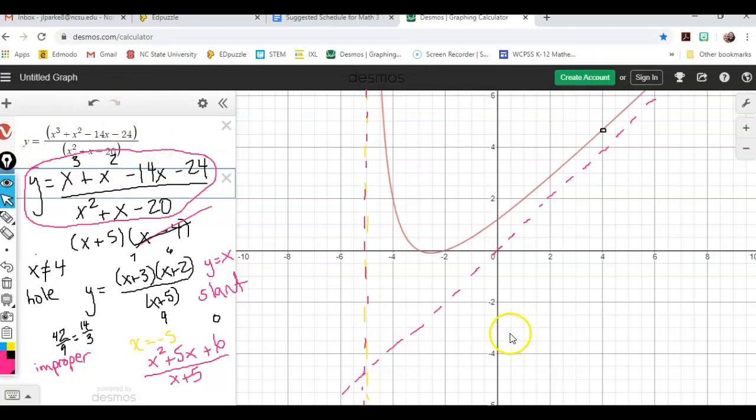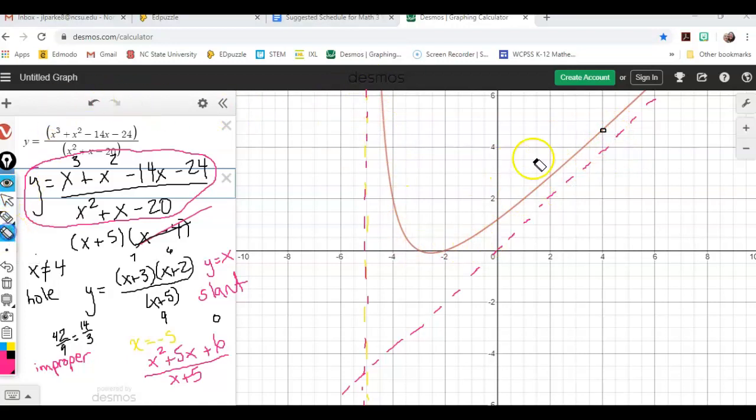There we go. And look at how the curve is coming up to this vertical asymptote. The curve is going over here towards the slanted asymptote. Now, notice the line right here. I have my hole marked there. And so I know that this curve is not actually reaching that point.